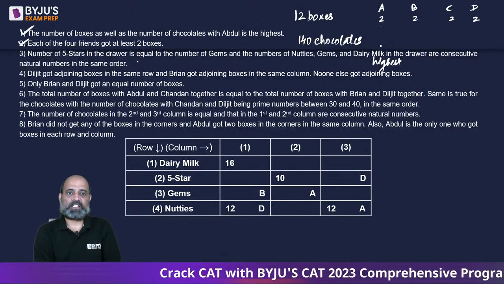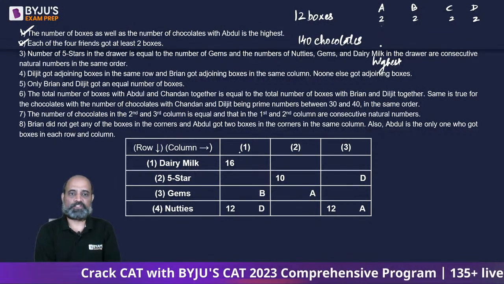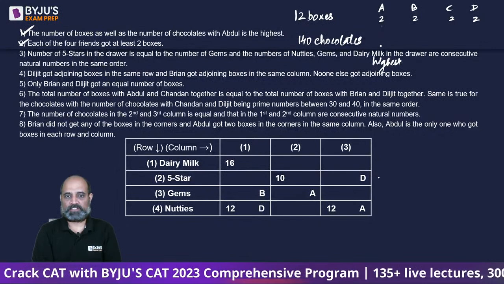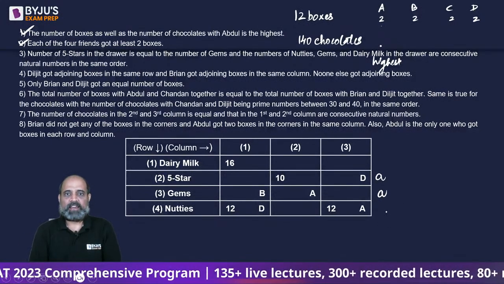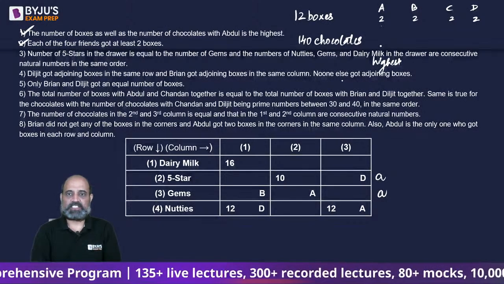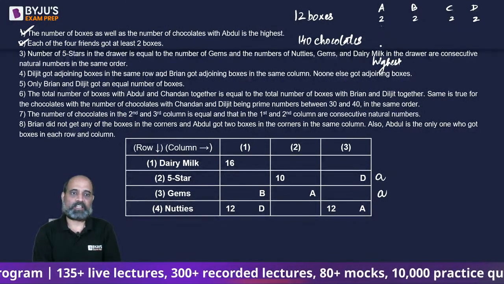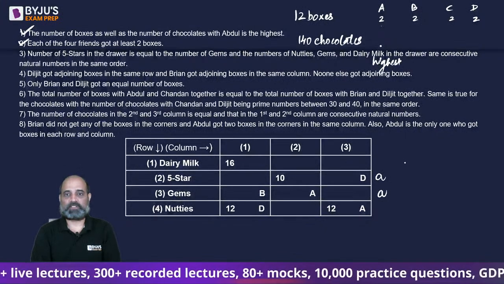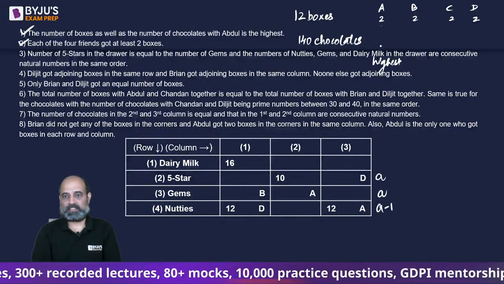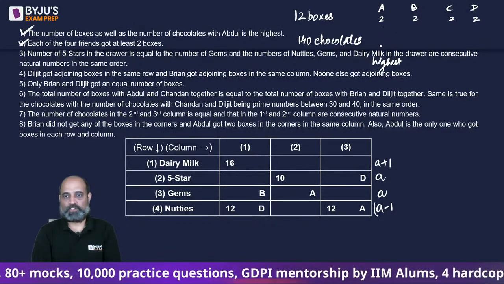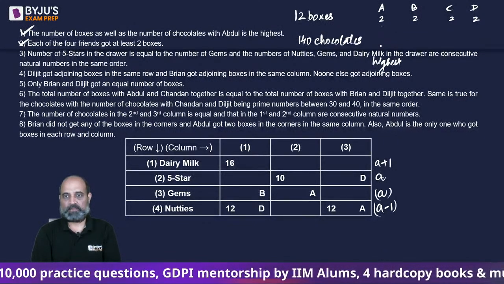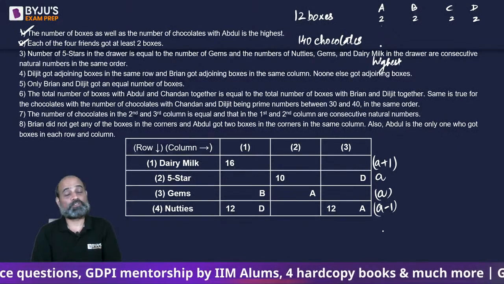Number of 5 stars in the drawer is equal to the number of Gems. Let's say that is A. And the number of Nutties, Gems and Dairy Milk in the drawer are consecutive natural numbers in the same order. So Nutties, Gems and Dairy Milk, these are consecutive numbers. So we are only looking at Nutties, Gems and Dairy Milk.